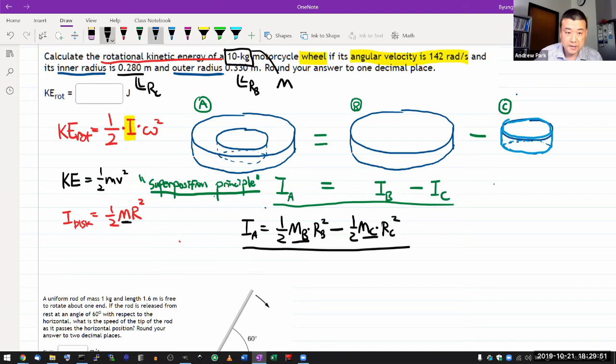I think I can say these things. Hopefully, as I say them, it makes sense. The big mass M there, that's the mass of B minus the mass of C.